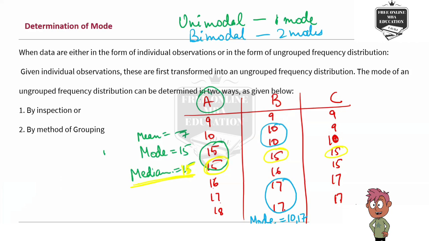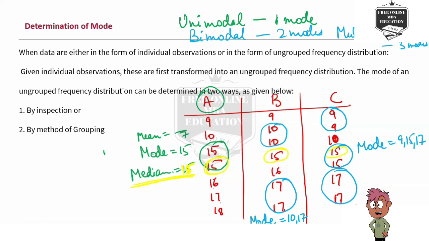And in case of the C subject, 9 is repeated 2 times, 15 is repeated 2 times, and 17 is repeated 2 times. So the modes are 9, 15, and 17. So it becomes multimodal because there are more than 2 modes, 3 modes. If you have 4 modes, then also it is called multimodal. Sometimes with 3 modes, you can call it trimodal.